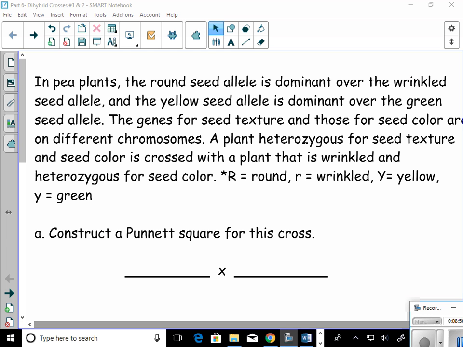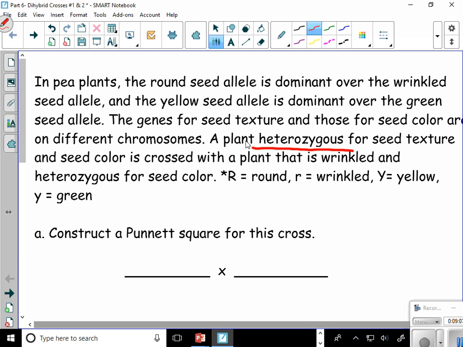So let's deal with the first one. Right here, on these two lines, we're going to put the two parents. And the first one is heterozygous. So, what is my genotype of my first parent? Big Y, little y? Big R, little r, correct?